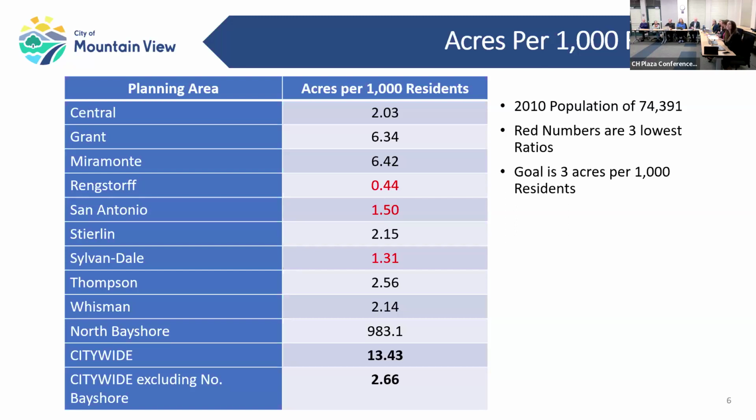And then also I want to point out one clarification on the attachment that was included in tonight's report, which shows the parkland totals by planning area. That long table, the attachment showed the incorrect total for the Ringstorf planning area, which should be 2.9 total acres for that planning area. So just want to point that out. Thank you, Commissioner Davis, for pointing that out.